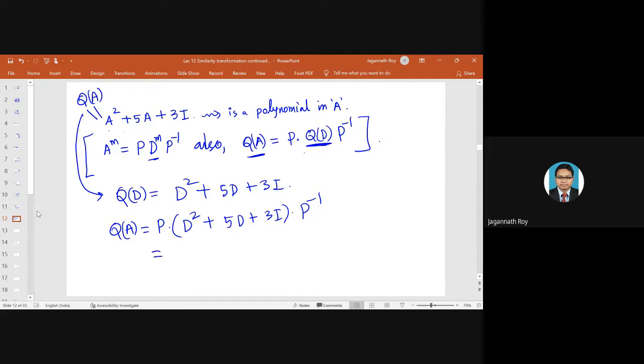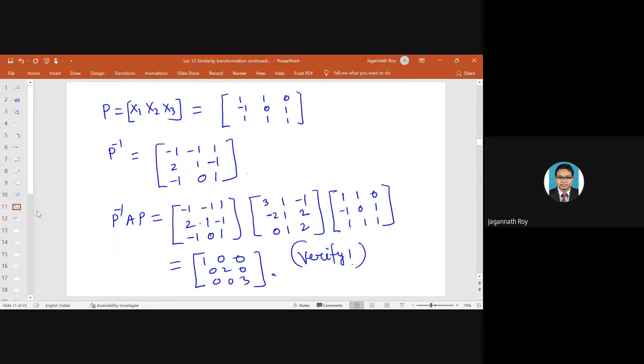So this is just a simple D square. We just need to calculate, because we have seen our D matrix.